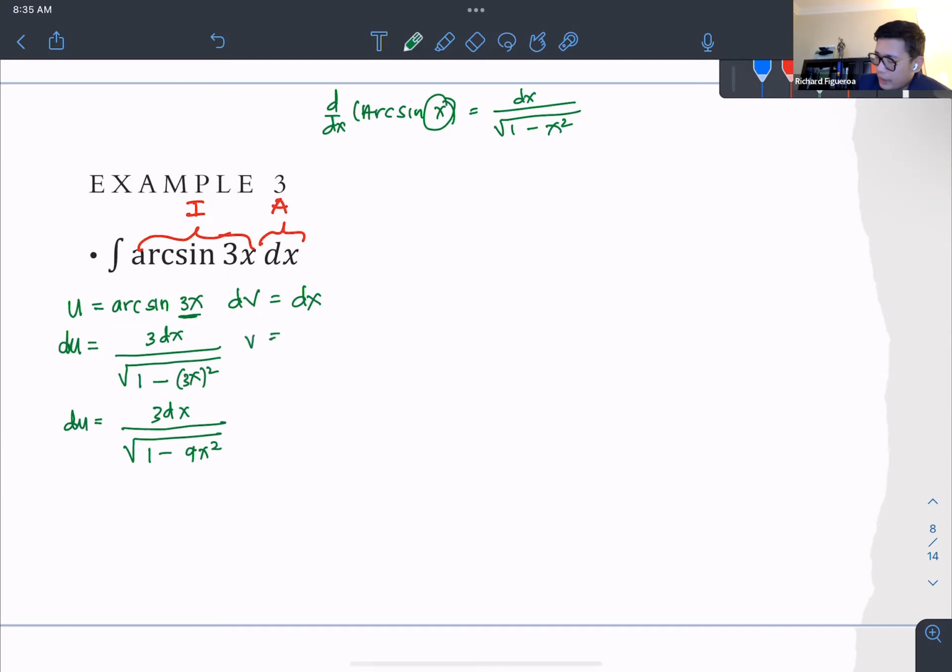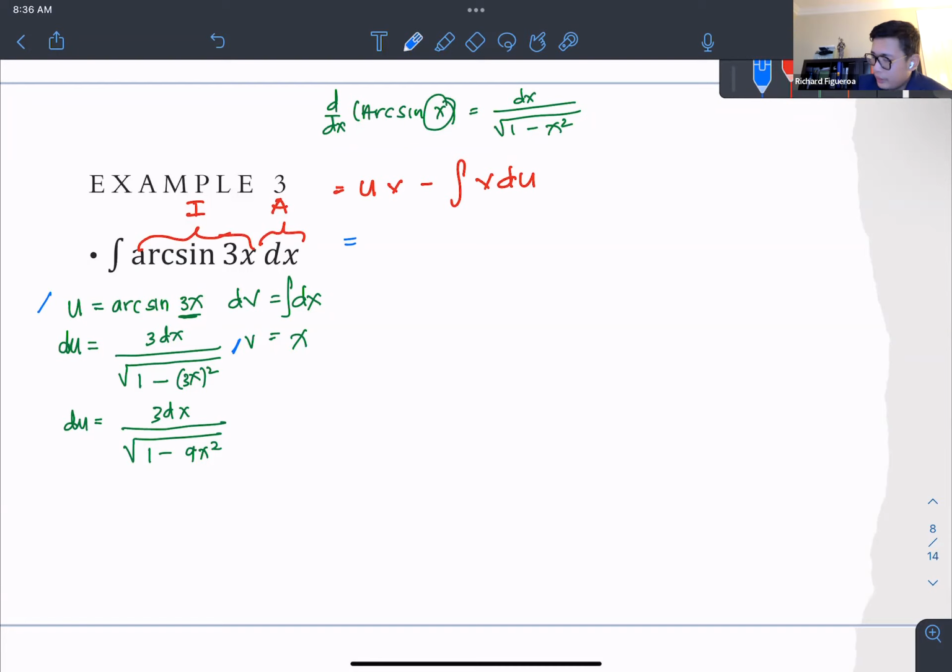Tapos, ang v natin, so we integrate dx, that is just simply x. So we follow the formula, that is uv minus the integral of v du. So u is arc sine 3x, ang v natin it's x.